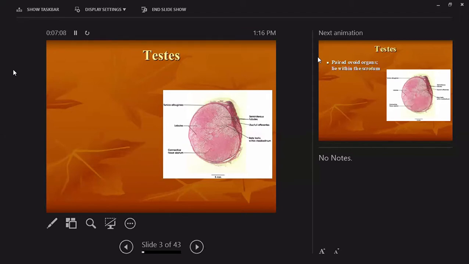And then you have here the testis separated, contained in the lobules, you have your connective tissue, the lobules, you have your rete testis within the mediastinum, and then you have your ductuli efferentes, the term.